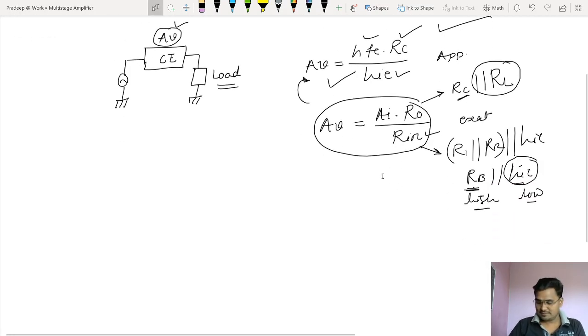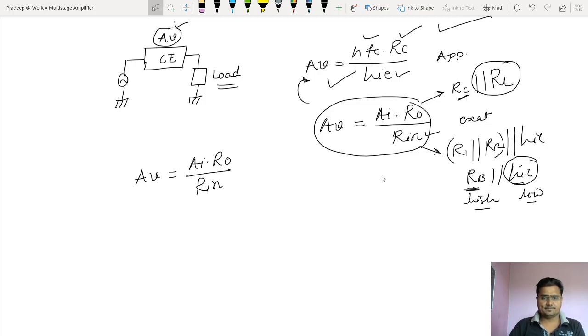Okay, apart from this discussion, let's come to the point. We have to increase voltage gain, which is AI multiplied by RO divided by Rin. Why? Because I have just a single stage RC coupled amplifier, and it is not satisfying my gain requirement. To increase this voltage gain, what are the options?